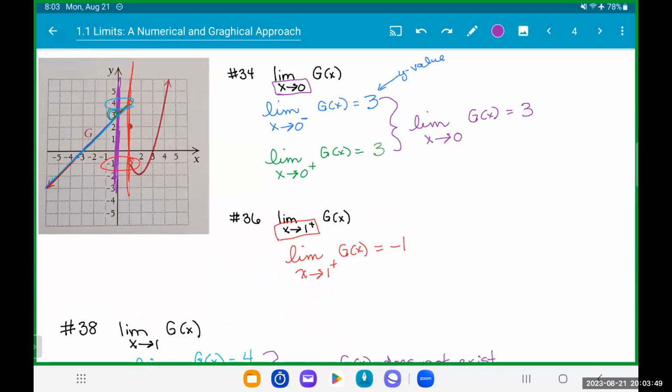Yes. Sorry, I have an ear infection right now, so I can only hear out of one ear, so I really do apologize. That's fine. The g of x on the graph, so everything, all of the red that this showed us, all of the red, that is g of x. All of this dot and this, that's all g of x. Is that what you are asking? Yes, thank you.